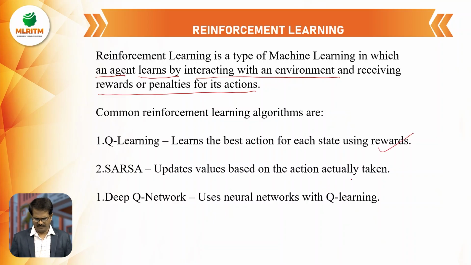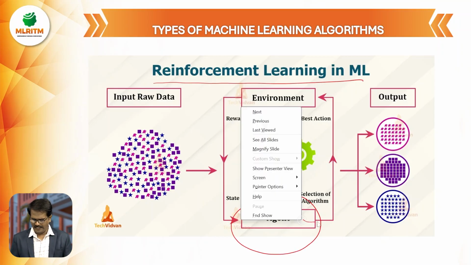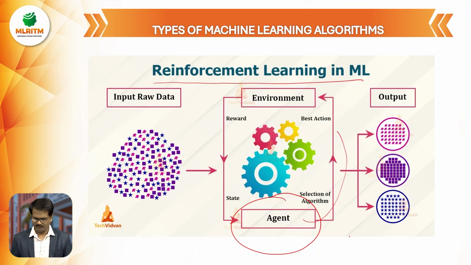These are the different types of reinforcement learning algorithms: Q learning, SARSA, and deep Q network. One of the best examples: here we can see the agent. The agent can select any one of the actions and perform it in the environment through the actuators. Actually, an agent has sensors and actuators.